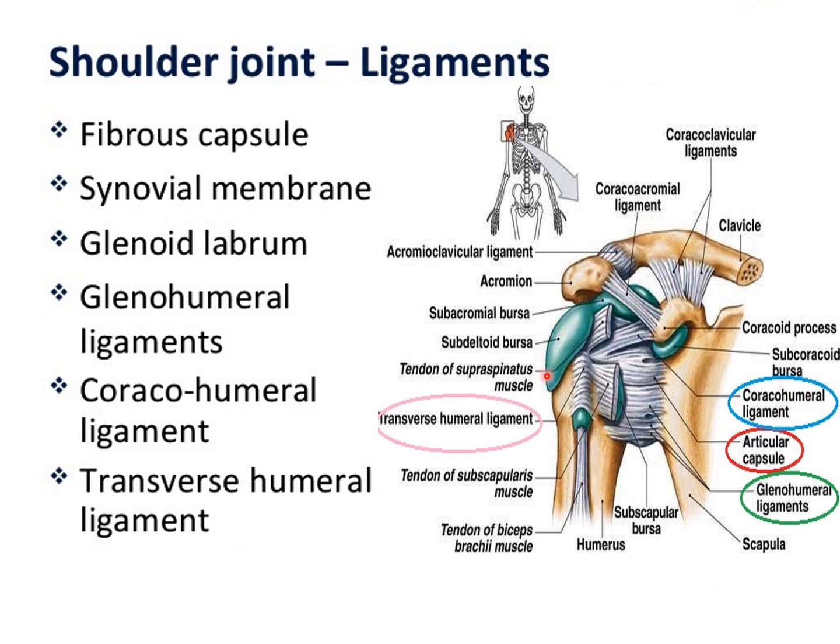So this is the shoulder joint. This is the coracohumeral ligament. The one which is covering the shoulder joint is the capsule, and these are the glenohumeral ligaments, and this is the transverse humeral ligament.